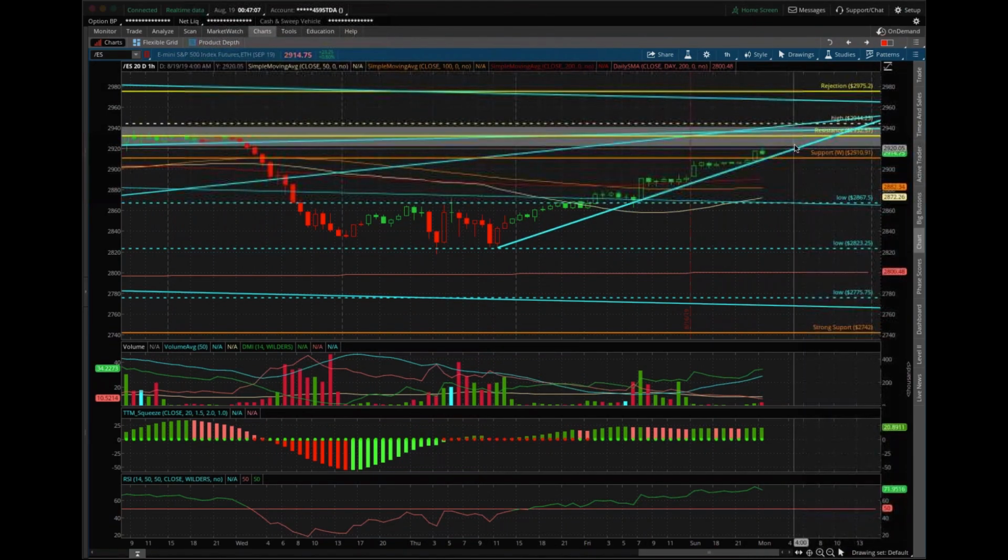If it does break down, then you want to add puts below 2910. Your first target is going to be this 2867. Then your next target is going to be 2823, and then your next target is going to be 2800. Now if it pops up, your target is going to be 2944, then 2975, then 3000.